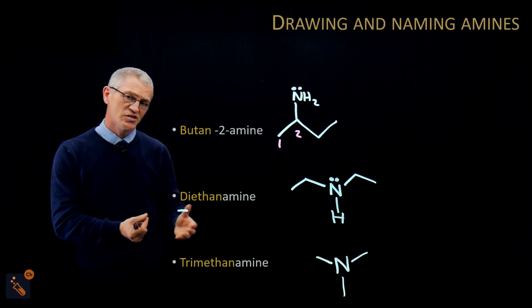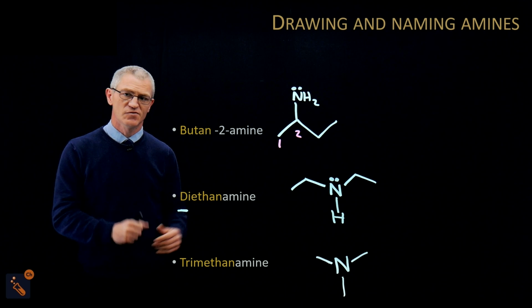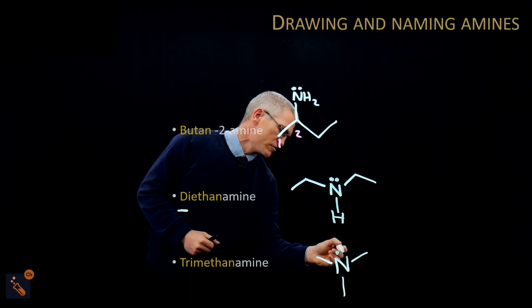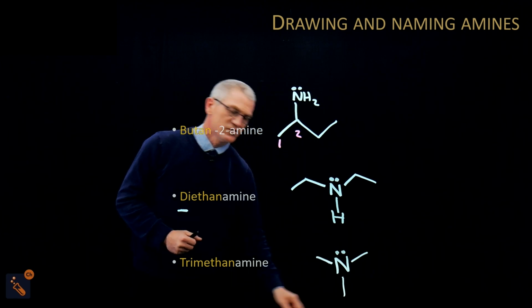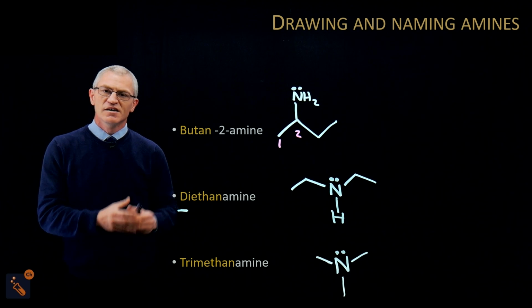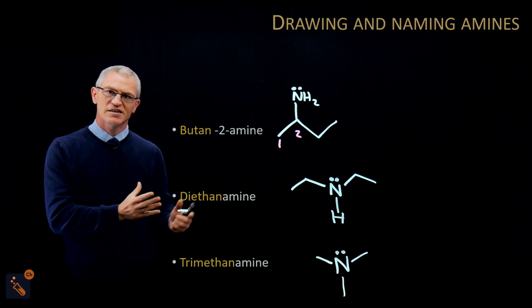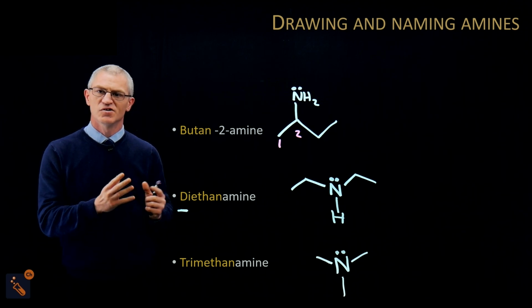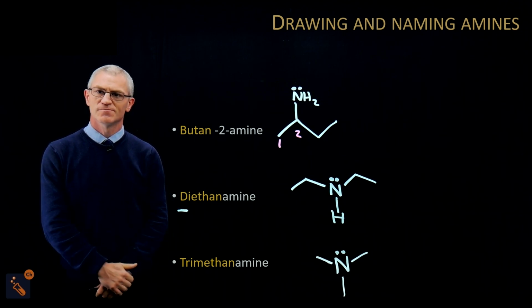We'll think about it's 3 bonds again. There's already 3 bonds filled. So therefore I don't draw any hydrogens at all. And again, just for clarity, let's draw that lone pair of electrons on the top that's left. Now, that is how you draw the slightly more complex versions of these amines.